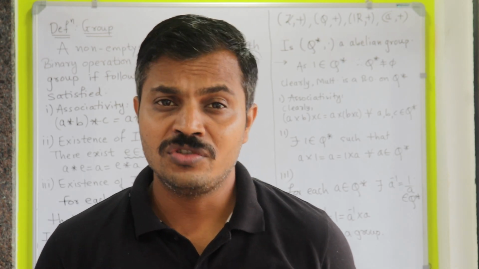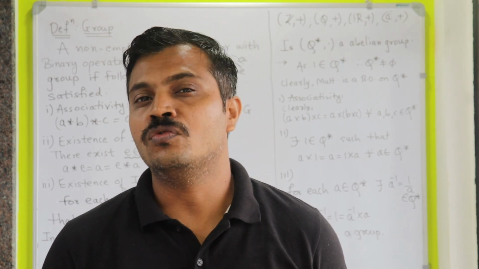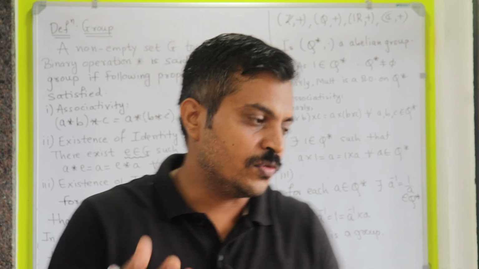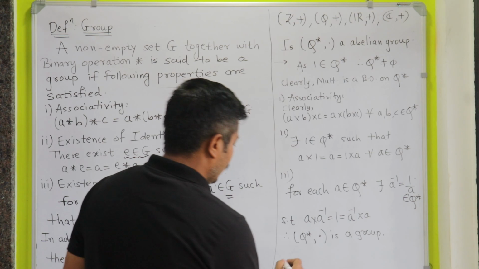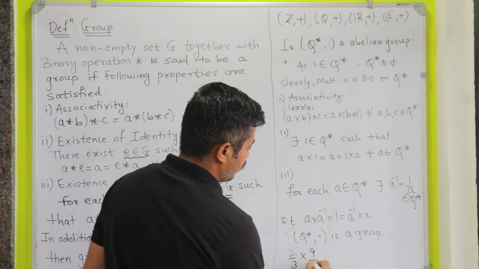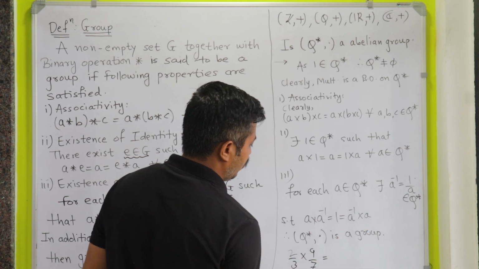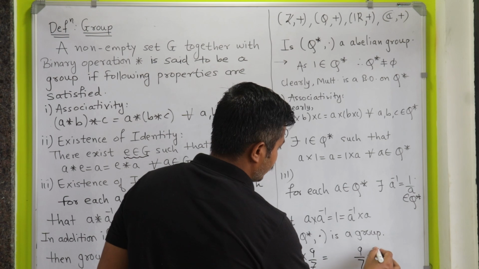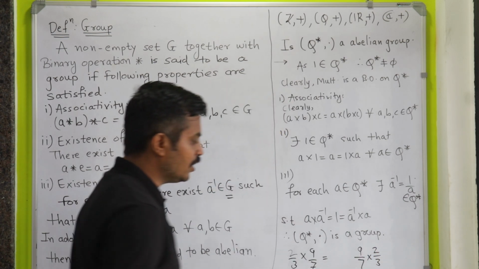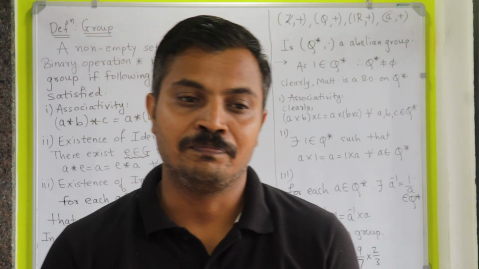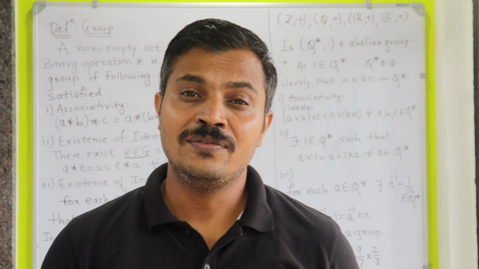Now the obvious question is whether it is an abelian group or not. So if you take two rationals, for example, let us take a particular case, 2 upon 3 multiplied by 9 upon 7, and if you calculate the answer, and you do the same for 9 upon 7 multiplied by 2 upon 3, you will see that we are getting exactly the same answer. So this we can generalize.